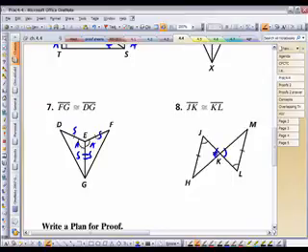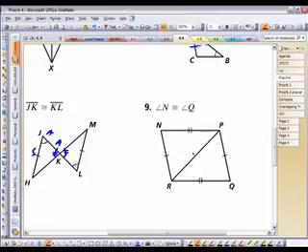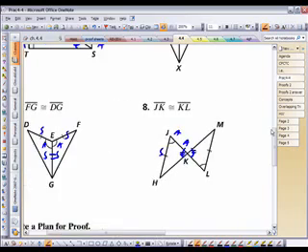Vertical angles, so I've got angle, angle, side, and then you would use CPCTC again for JK and KL. Reflexive, so again it's side, side, side to get the triangles congruent. Once I know that, corresponding parts, angle and angle Q would also be congruent. And you can pick any pair of corresponding parts.